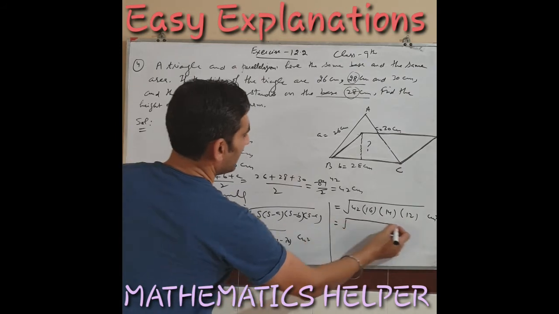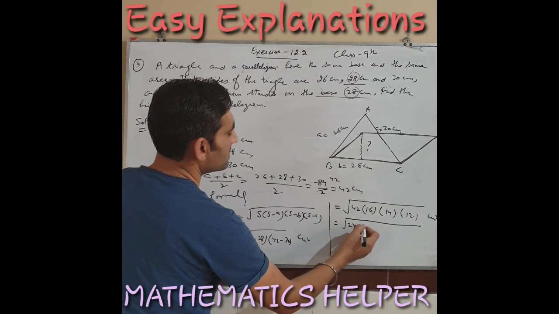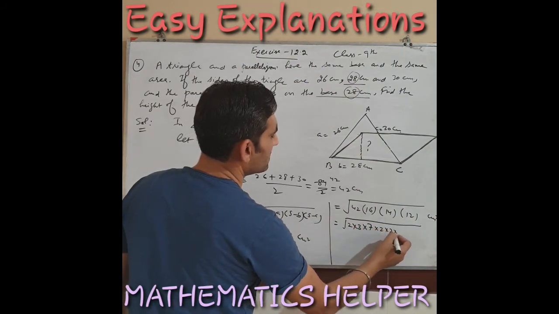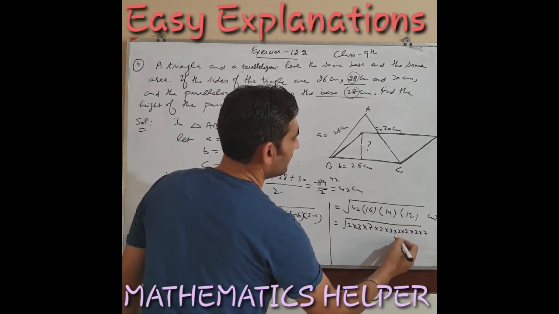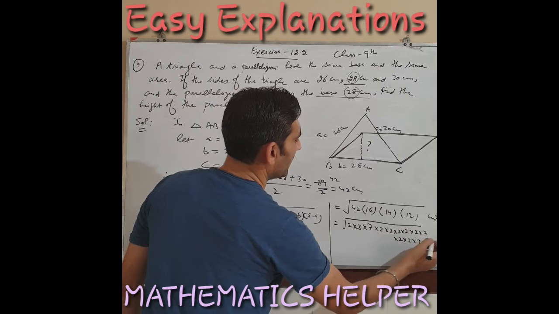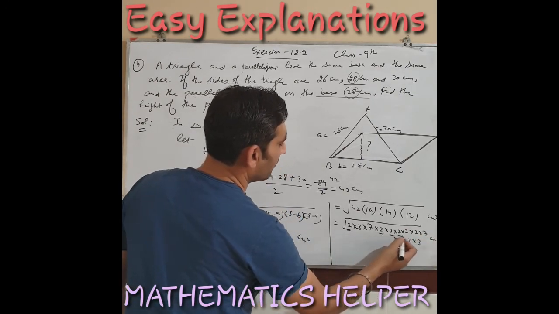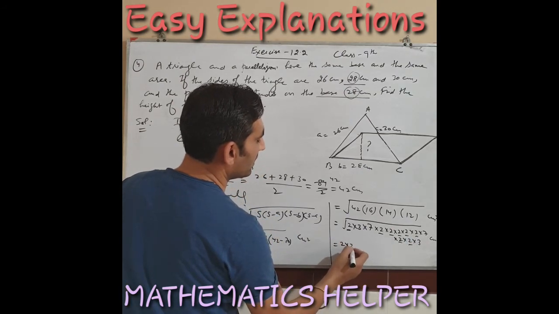The factors of 42 are 2 into 3 is 6, 6 into 7 is 42, and the factors of 16 are 2 four times. 14's factors are 2 into 7, and of 12 are 2 into 2 is 4 into 3. So how many times do we have 2? 1, 2, 3, 4, 5, 6, 7, 8. 2 eight times means 4 times out.